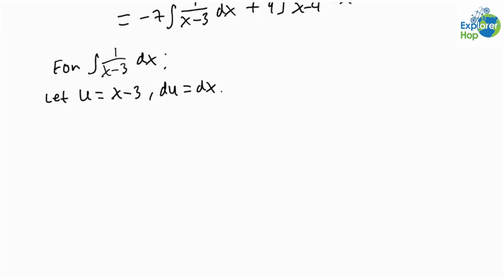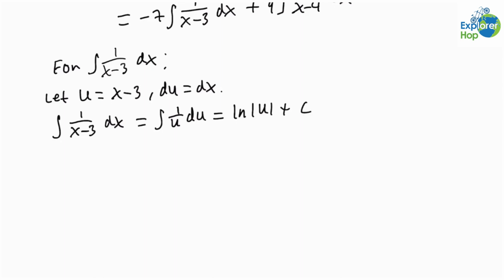And this means that the integral of 1 over x minus 3 dx is equal to the integral of 1 over u du, which is equal to ln of the absolute value of u plus some constant C. And subbing back in u equals x minus 3, this is equal to ln of the absolute value of x minus 3 plus some constant C.